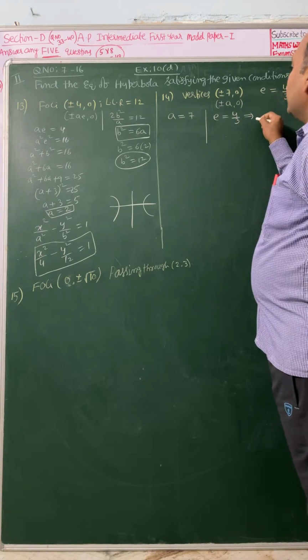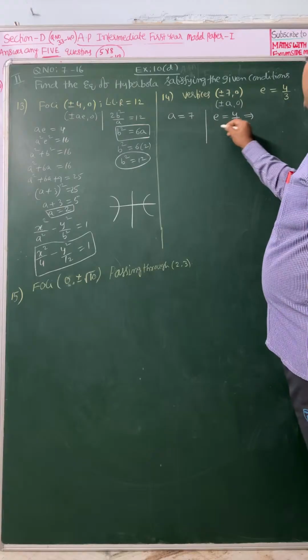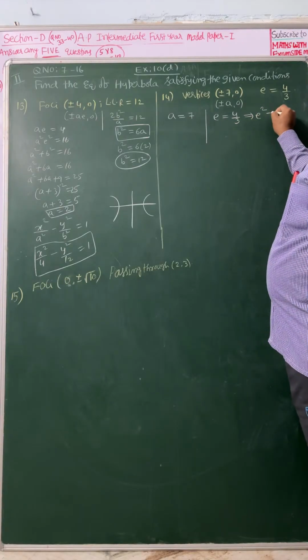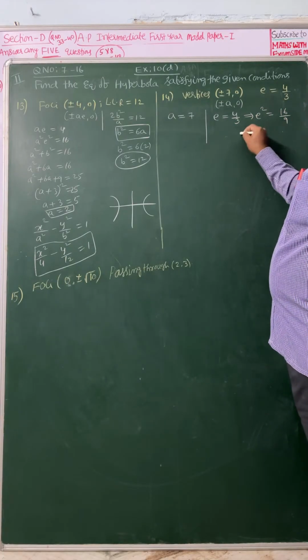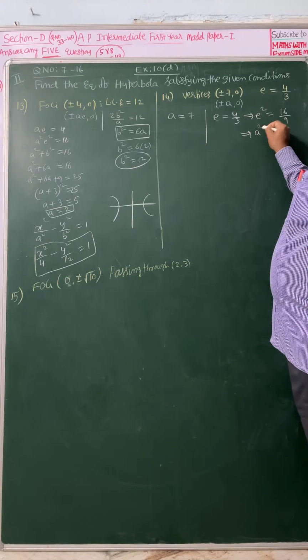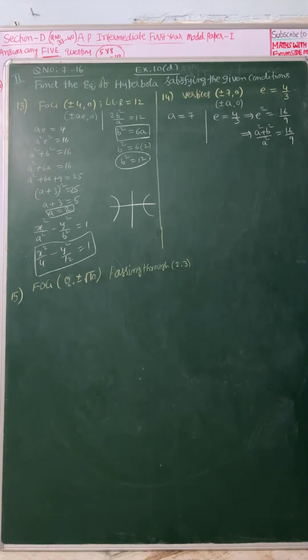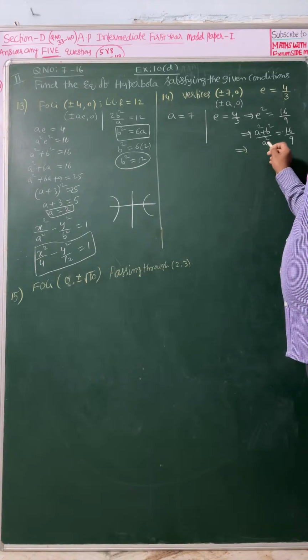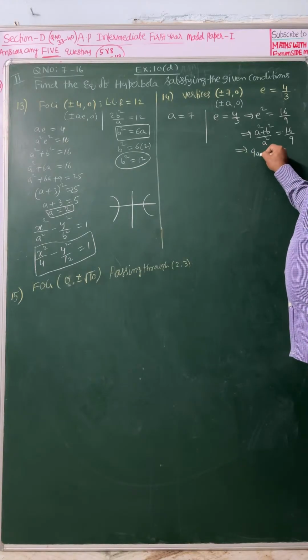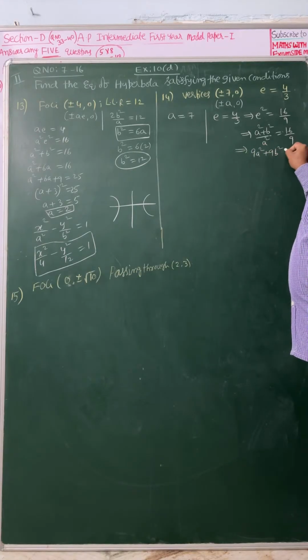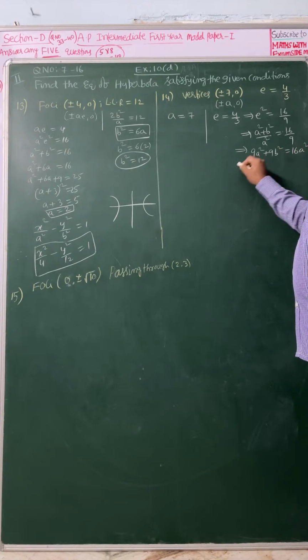e square equal to 16 by 9. e square means a square plus b square by a square. Here we have an important result. So 9a square plus 9b square is equal to 16a square.